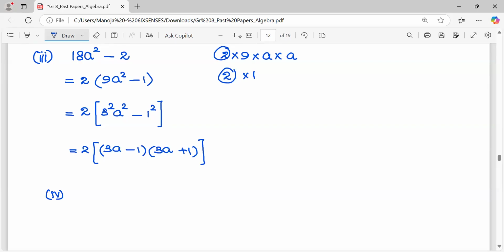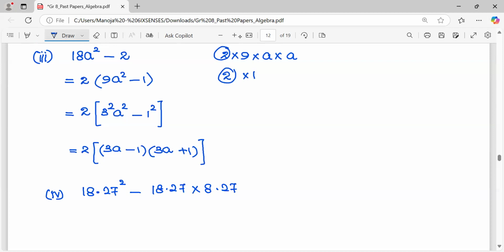Now we have 18.27 squared minus 18.27 into 8.27.